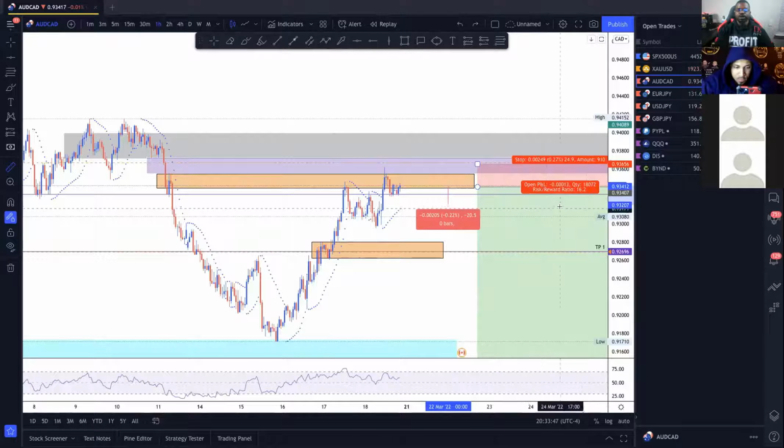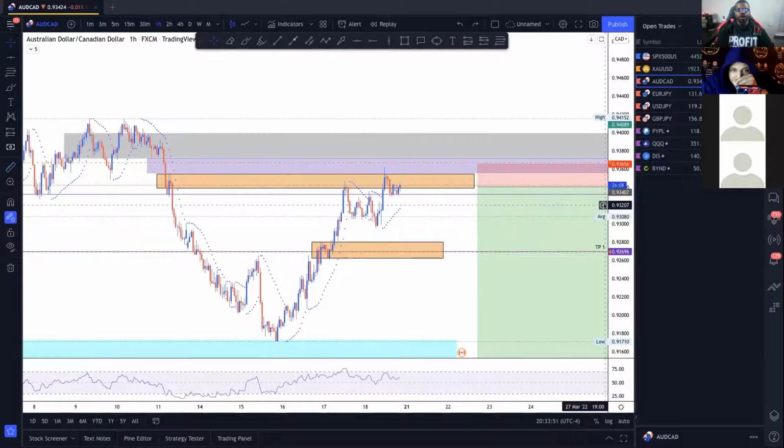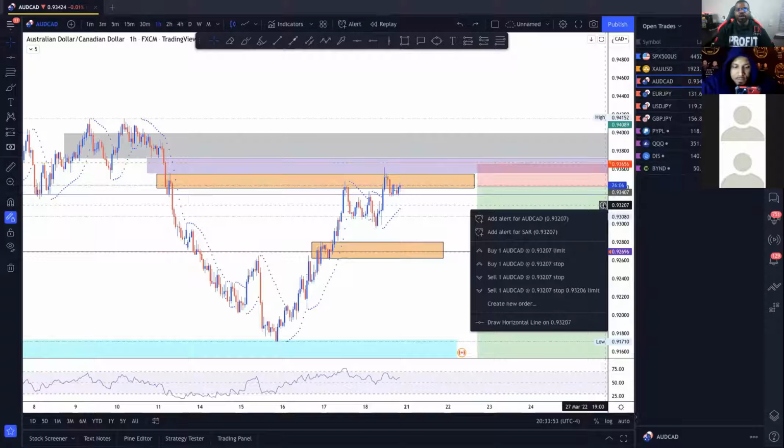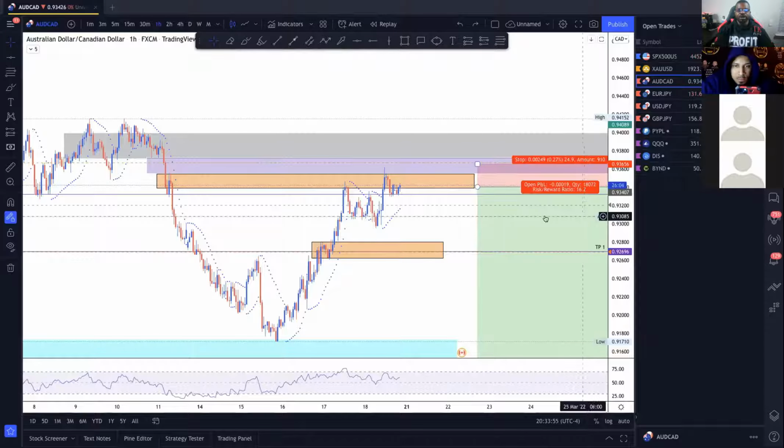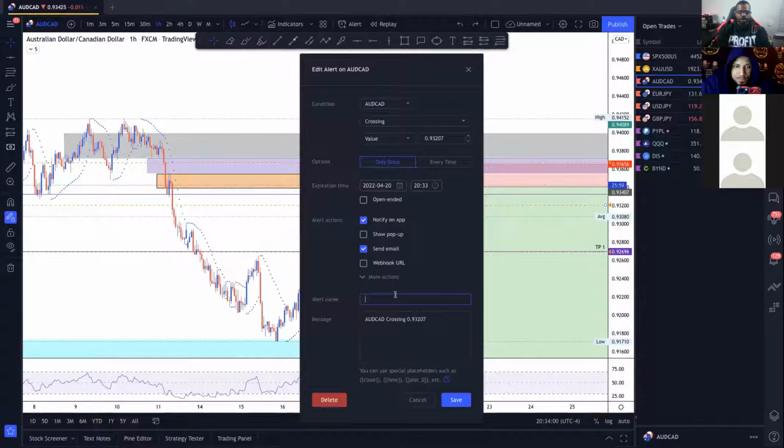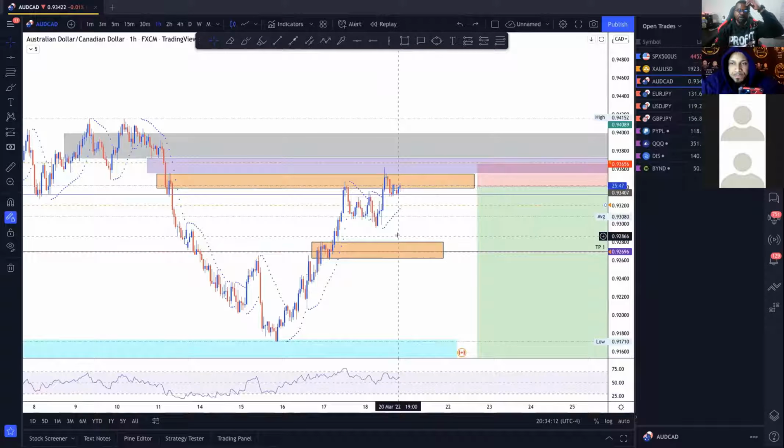So from here, we just double click, come to the right hand side, hit that plus sign, add an alert. Then you just name it, move stop loss to break even. And it's that simple.